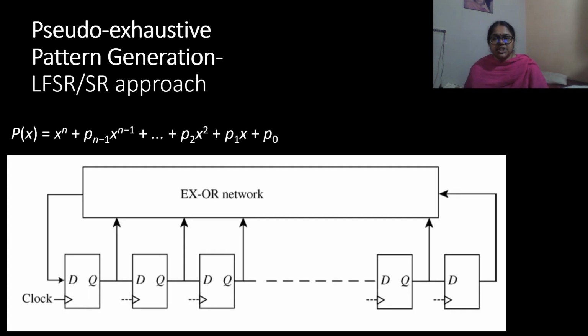Linear feedback shift register with shift register approach. This is an alternative approach for generating a pseudo-exhaustive test set. It uses a combination of an LFSR, that is a linear feedback shift register, and a shift register. In the LFSR, the outputs of a selected number of stages are fed back to the input of the LFSR through the XOR network.